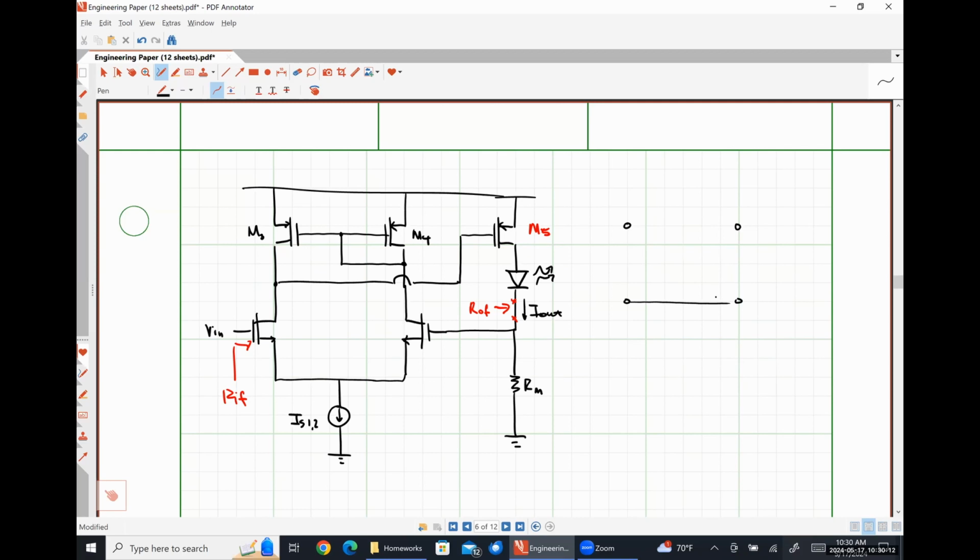Okay. Something is not an open circuit. Is it one over? So that's it.